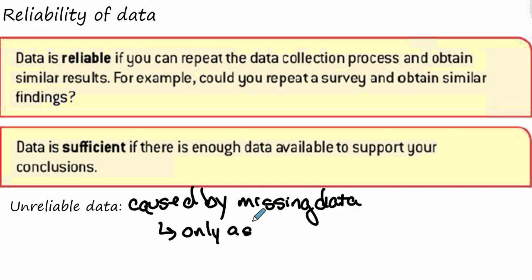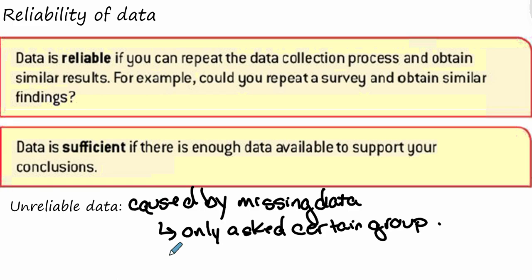If I was trying to figure out, for instance, how many students rode the bus, and I ask just our freshmen, is my data reliable? No, because there's way more freshmen that ride the bus than juniors. Okay, so that data would be unreliable because we missed a data set. We missed people that we should have asked.